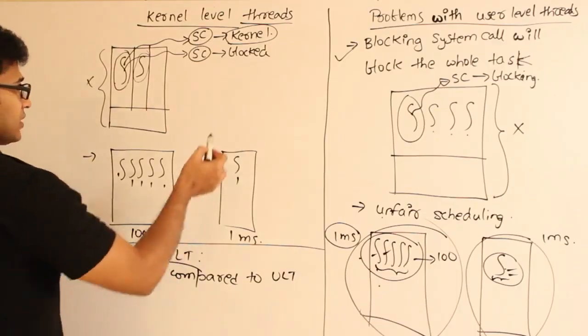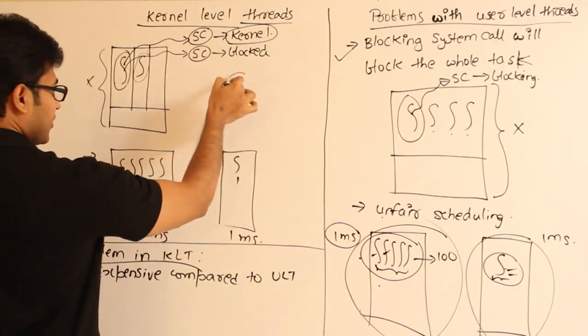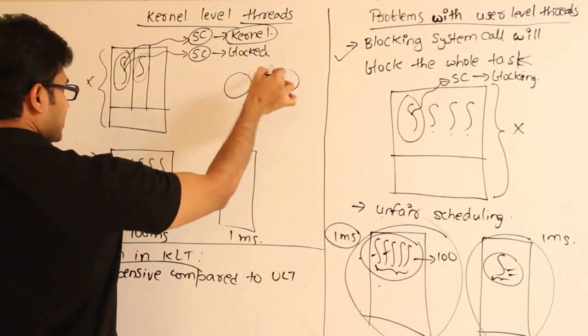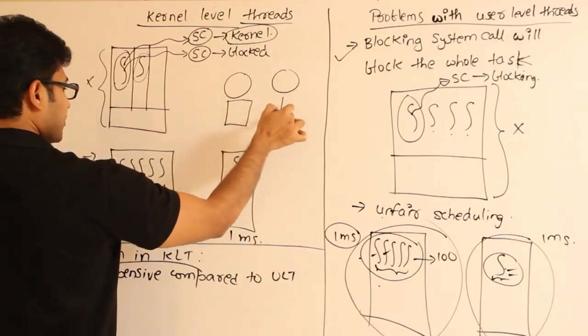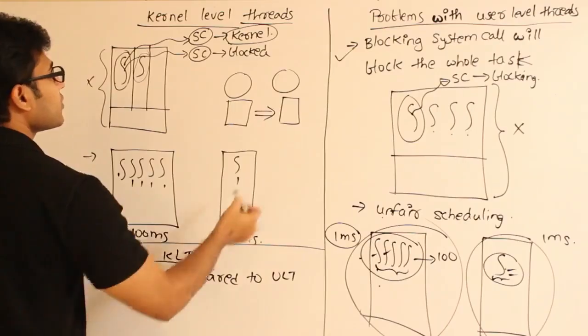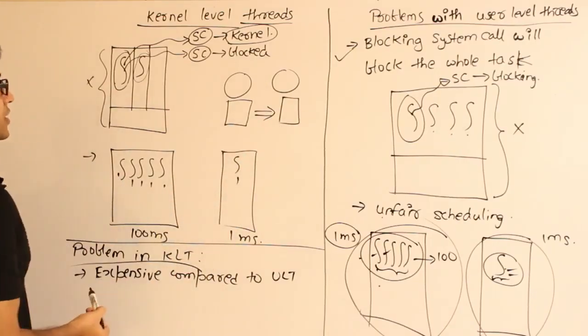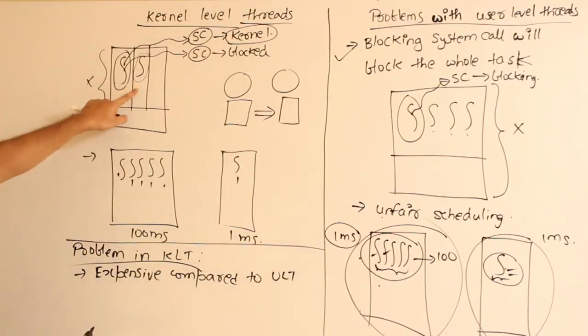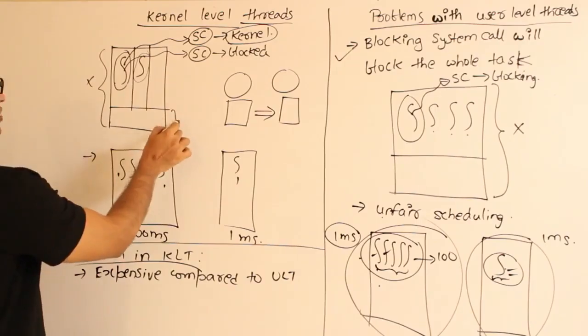So if you see the creation of a process, let us say this is one process, and if you are trying to create a new process, you have to actually create everything, right? Therefore it is more expensive. But if you are trying to create a new thread, you are not actually creating everything, you are just sharing most of the things.